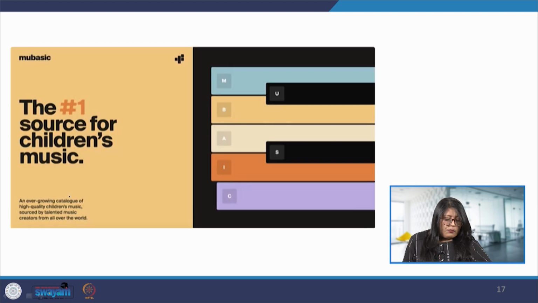This is MuBasic. This is basically a catalog of high quality music for children, and it has a very light-hearted, easygoing feel to the website. Even the color scheme and the hierarchy of the colors contribute to the easygoing nature of this website and make it very popular amongst children, and it stores music basically for children.